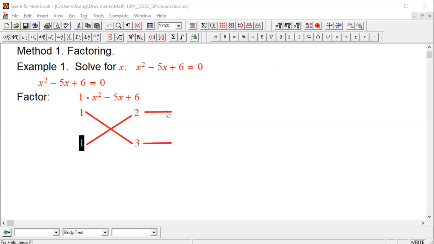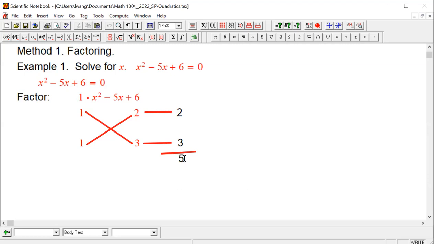Then we take 2 and 3 and add them up. 2 plus 3 equals 5.